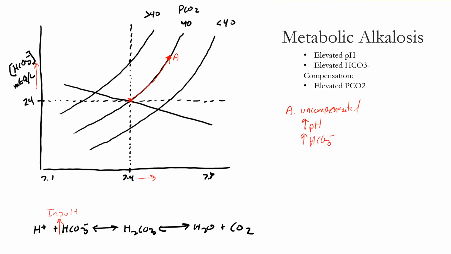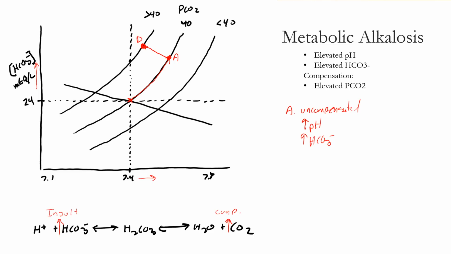Now to compensate, remember we want to go back to 7.4. So to compensate, we actually have to hypoventilate, or decrease our ventilation, and that in turn is going to increase our CO2 levels. So this is the compensation down here, and it's increasing the CO2. That means we're going to shift in this direction to a greater PCO2.